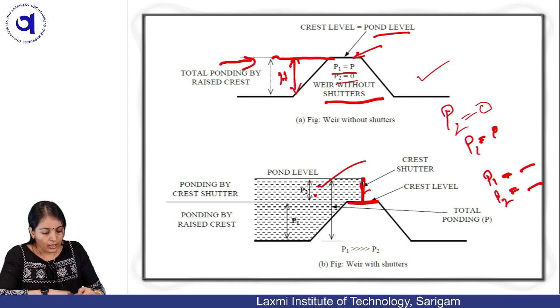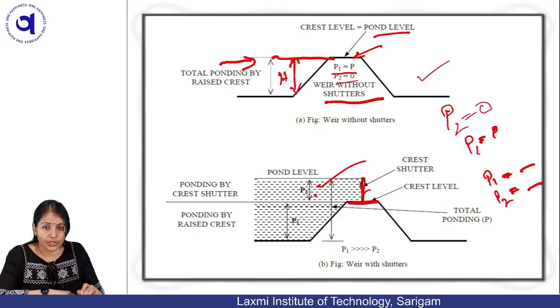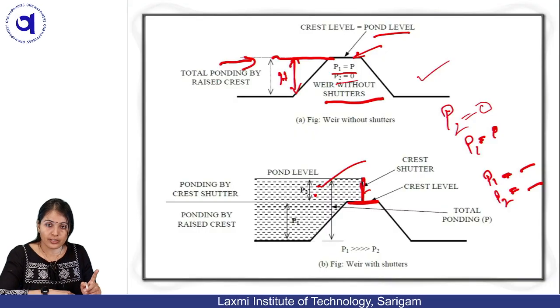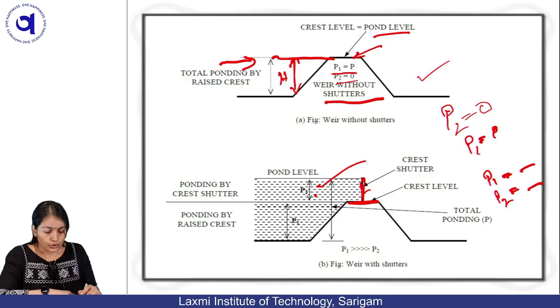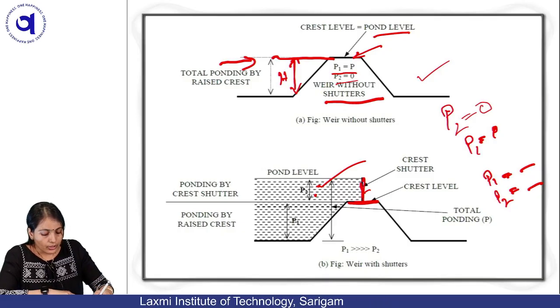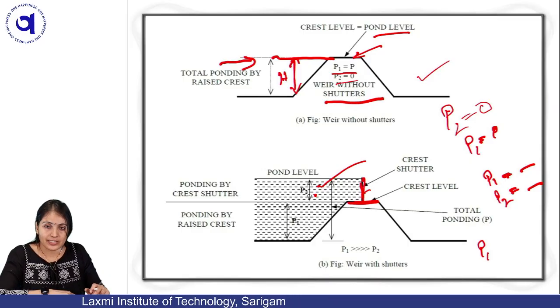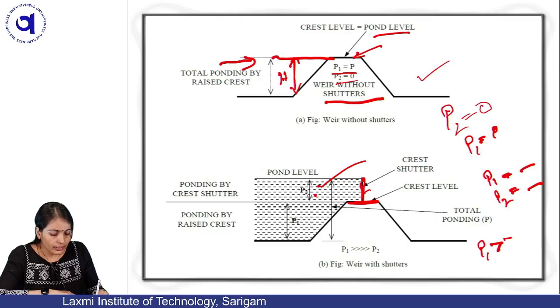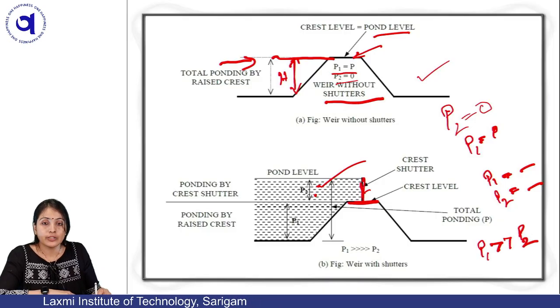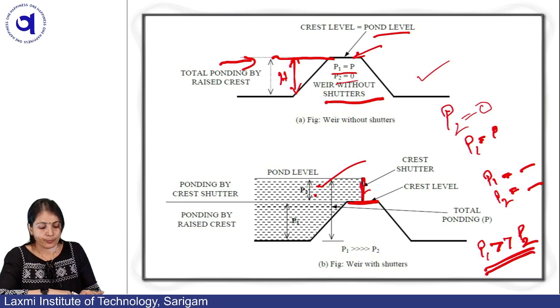If you provide a crest shutter in the weir section, it is very important, because you will get confused in the barrage. In a weir with a shutter, P1, the pondage with the help of the crest, will always be greater than P2, the pondage with the help of the shutter. This is very important, you should keep it in mind.